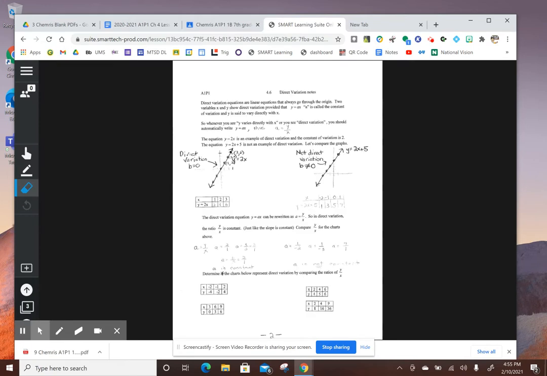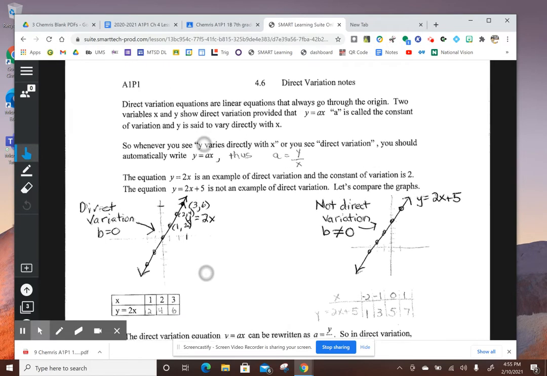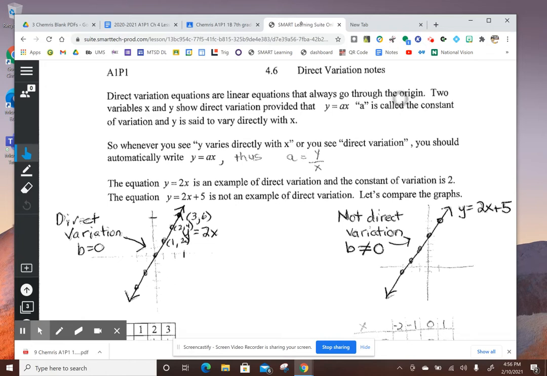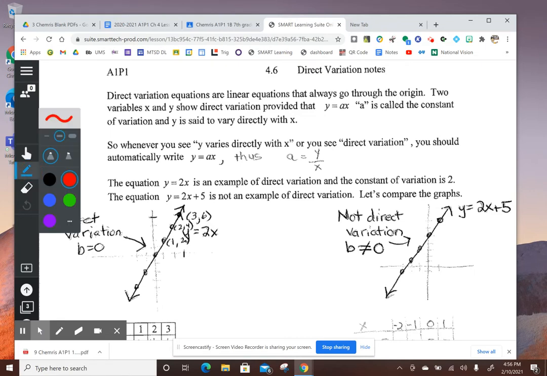So now, okay, the next page says direct variation equations are linear equations that always go through the origin. So, linear, origin, two keywords.